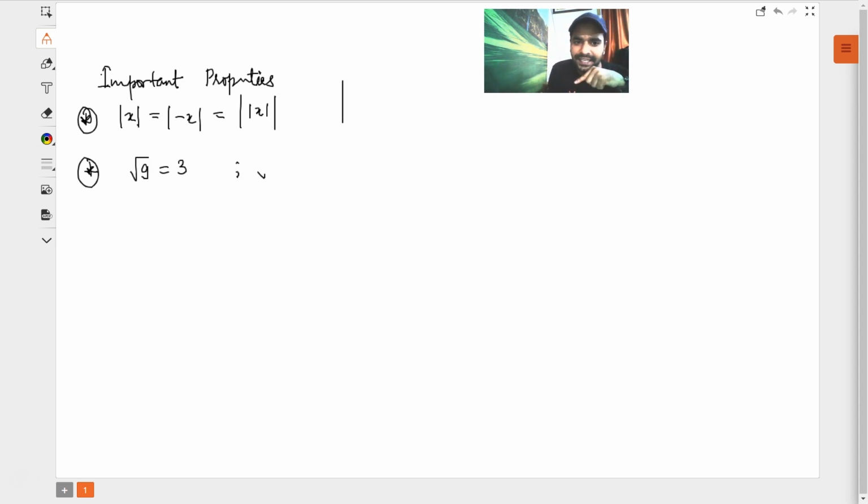And if I'm taking under root of x square, since x is a variable, if I write it as x, then it is wrong. Why is it wrong? Because x is a variable. If something like this is written to me, minus 3 whole square, I know that minus 3 whole square is nothing but equal to 9, root of 9.